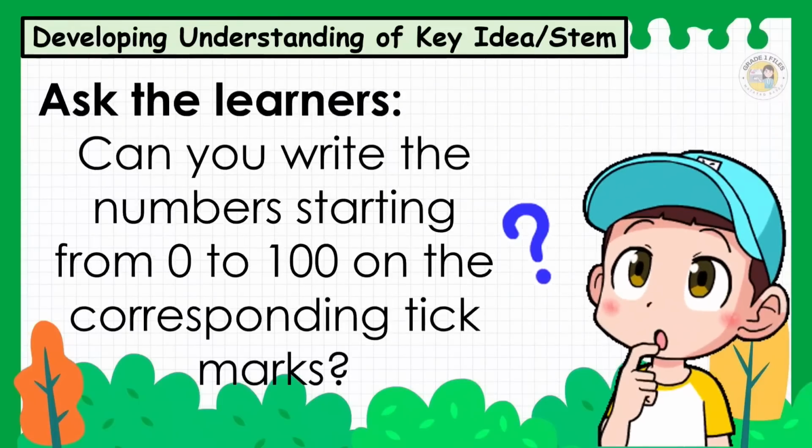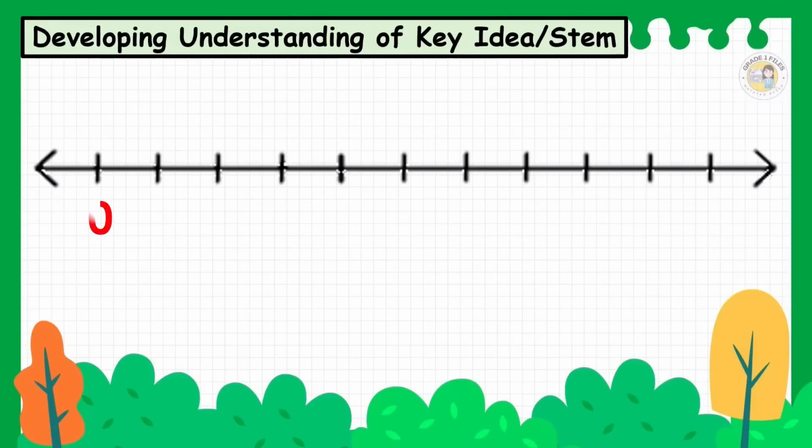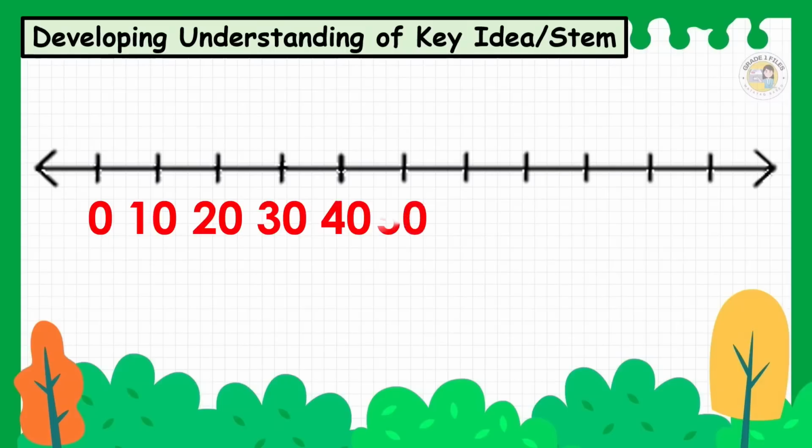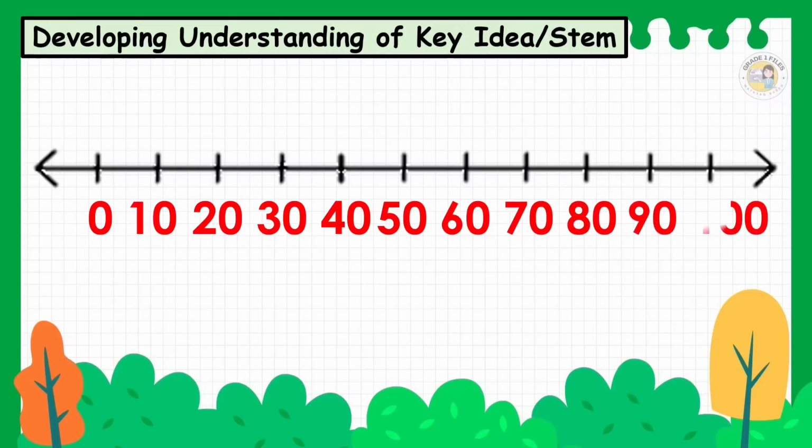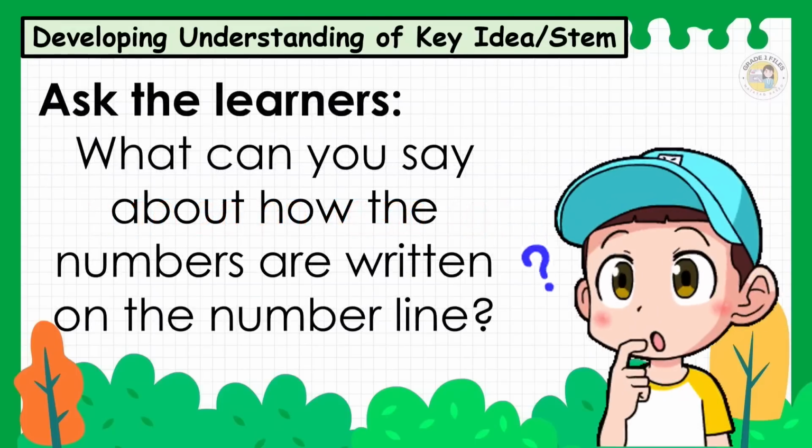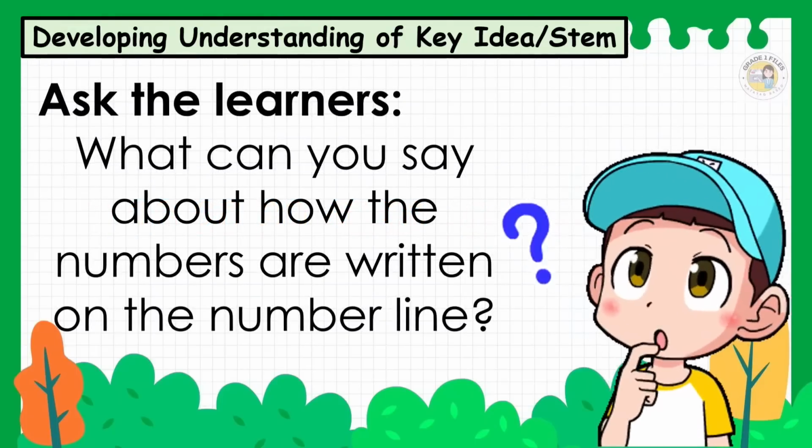Can you write the numbers starting from 0 to 100 on the corresponding tick marks? Students, what can you say about how the numbers are written on the number line?